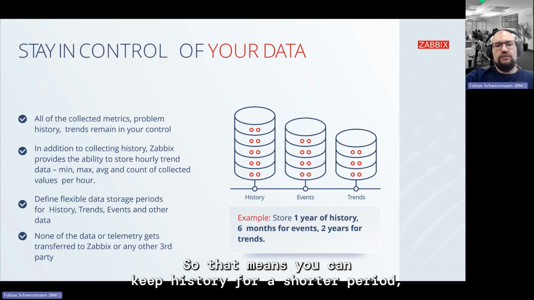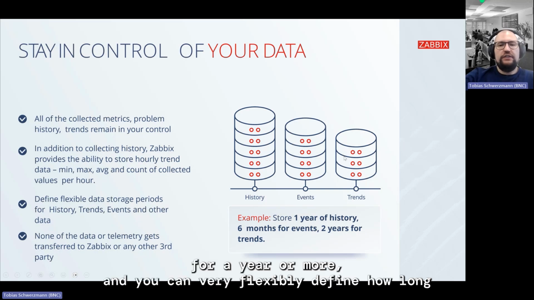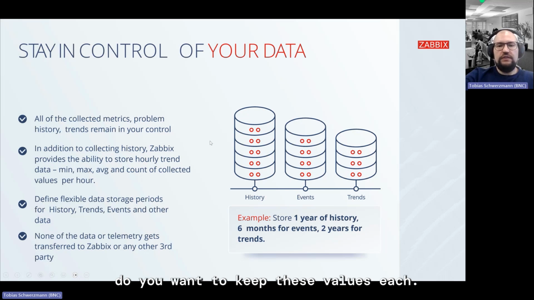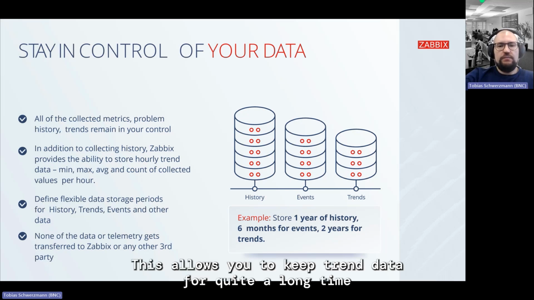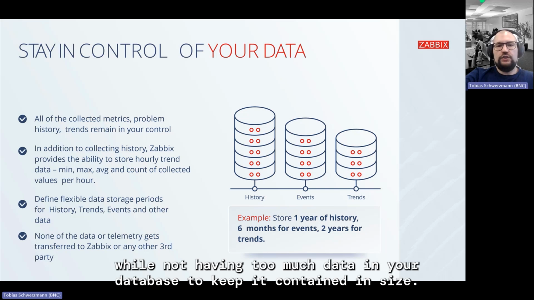That means you can keep history for a shorter period, for example a month, and then you can keep trends for a year or more, and you can very flexibly define how long you want to keep each of these values. This allows you to keep trend data for quite a long time while not having too much data in your database, keeping it contained in size.